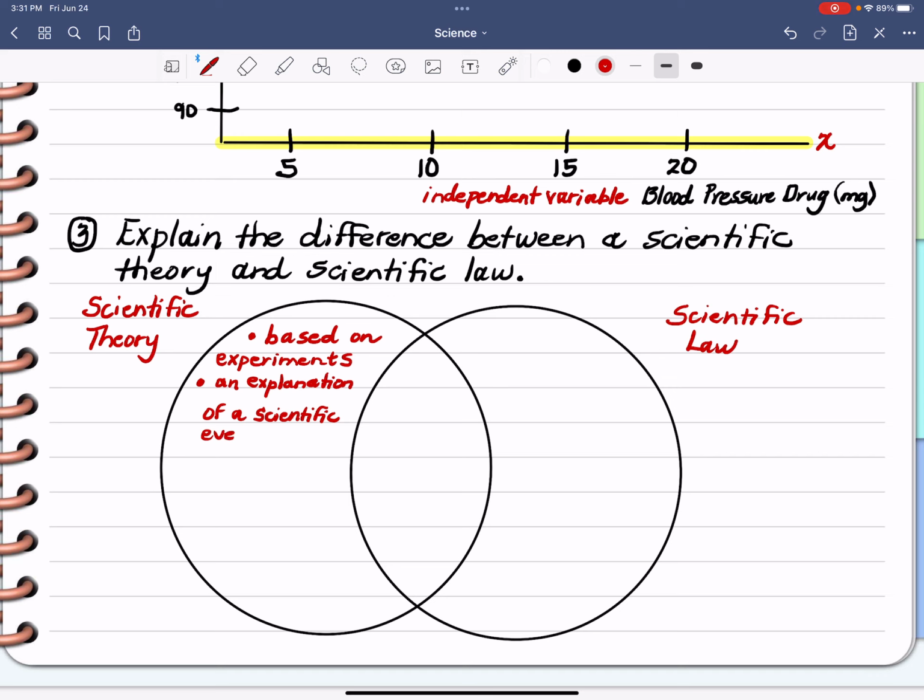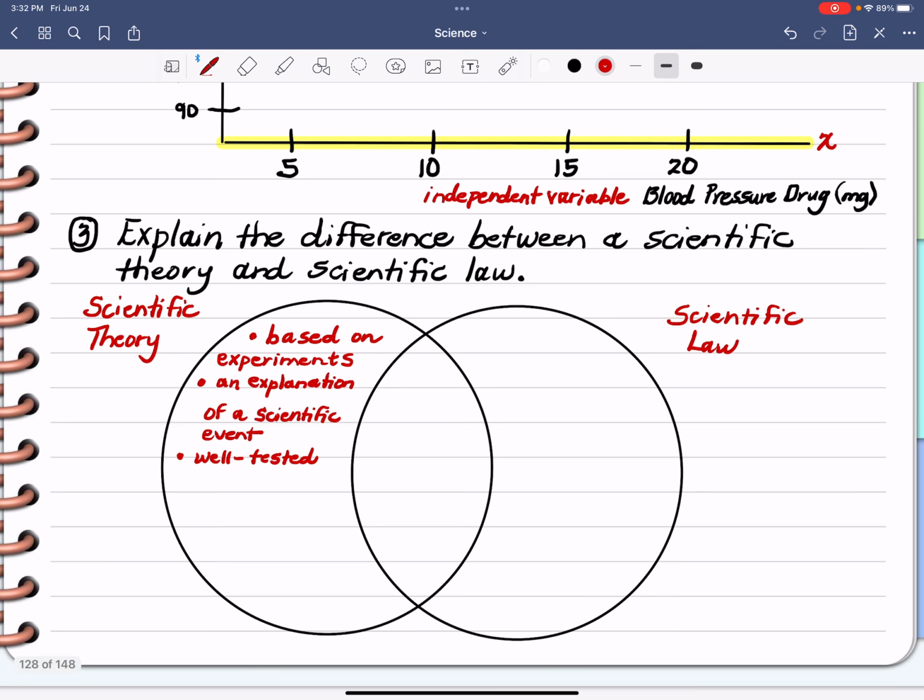We could say that a scientific theory is well tested. You don't get to be a theory without a lot of experiments.